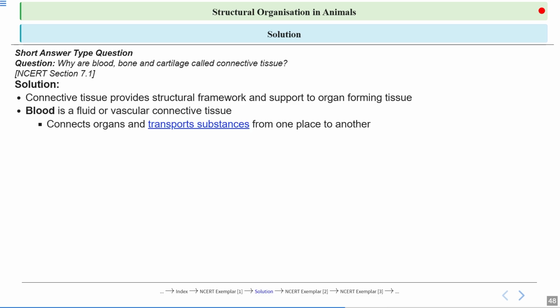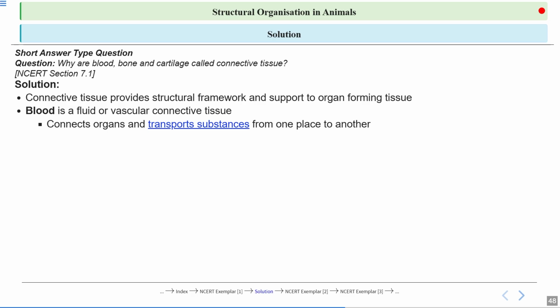Like blood, it is a fluid or vascular connective tissue that connects organs and transports substances from one place to another. We can see there is a connection between the lungs and the heart through this blood, because blood first passes from the heart to the lung, and once it gets purified there, it is brought back to the heart. So this establishes a connection between two different organs.